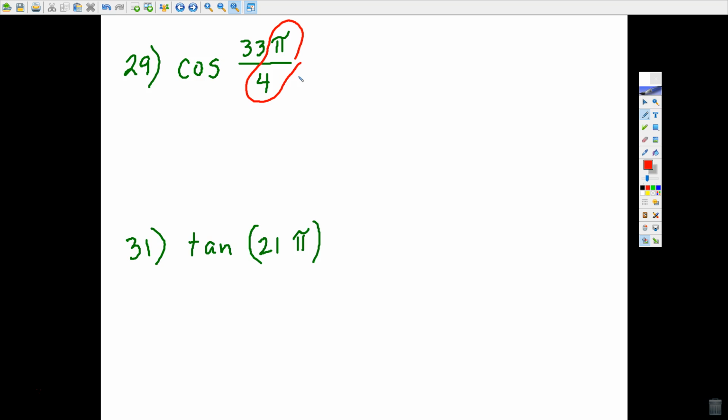And pi over 4 is the same thing as what degree? That's 45 degrees. So what is cosine of either pi over 4 or 45 degrees? Root 2 over 2. So this idea of coterminal angles is really handy.